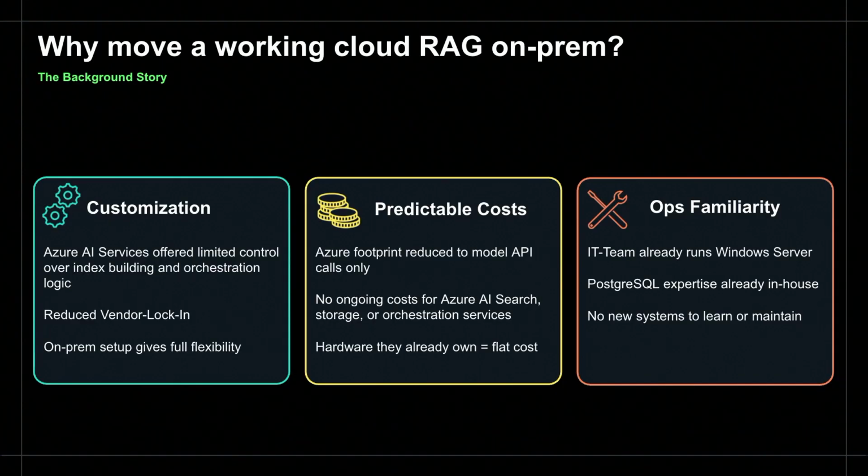The first one was, surprisingly, customization. So Azure AI gave them very limited control of how the retrieval was built, how the chunking worked, and how the orchestration was implemented. So every experiment, like a different chunking size or chunking strategy or retrieval volume, was difficult or even impossible to test in Azure.